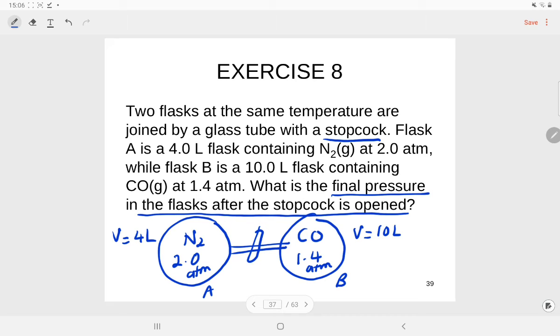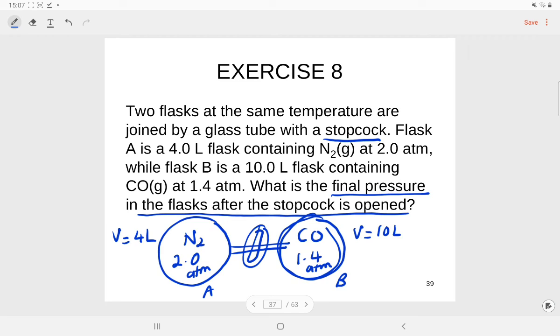Okay, so for this one, you need to calculate the new pressure of nitrogen when the stopcock is open, and the new pressure of carbon monoxide when the stopcock is open, when these two gases are allowed to mix. You cannot use PV equals nRT because we don't have the number of moles, and we also cannot use the formula of pressure equals mole fraction times total pressure, because we also don't have the number of moles.